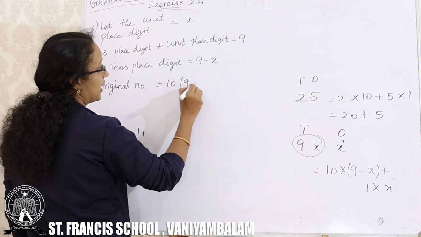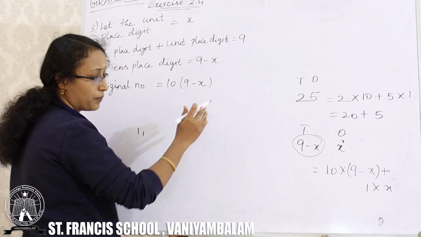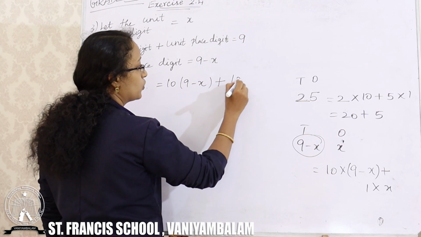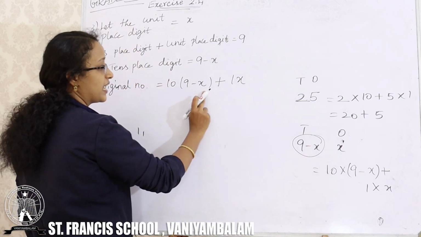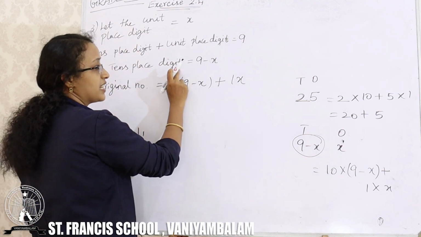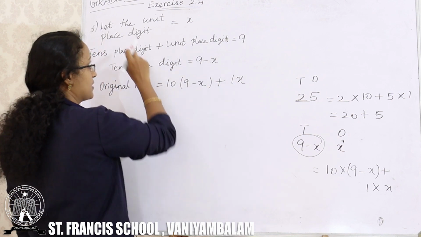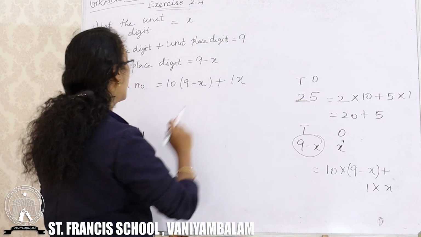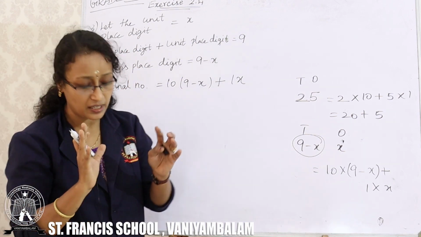If I put a bracket here, that means they are in multiplication. 10 into 9 minus x, because it is the tens place digit. Unit digit is x, so 1 into x. So we got the original number now.